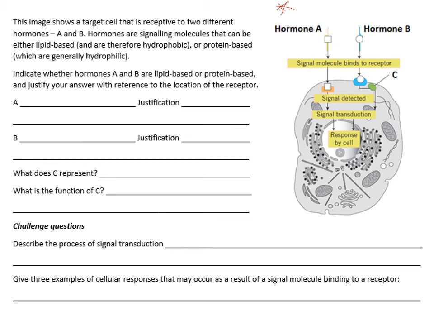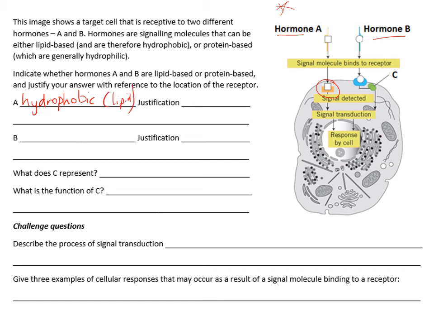Okay, so it's asking you whether hormone A and B are hydrophobic or hydrophilic. So let's start with hormone A. We can see with hormone A, the receptor is inside the cell. So therefore, it is hydrophobic. So it is the lipid-based hormone.